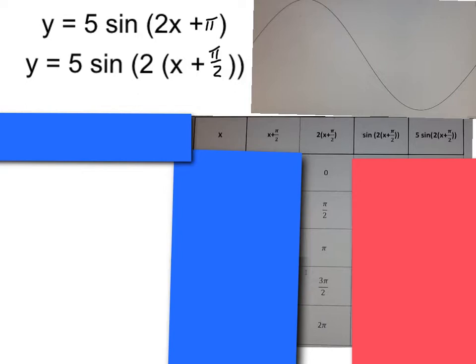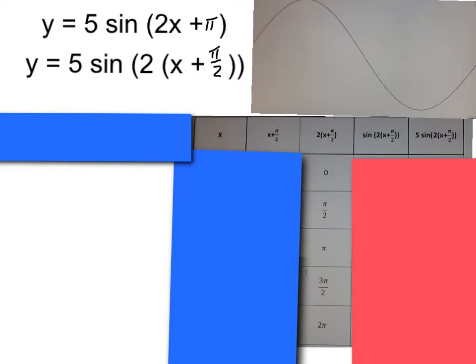So your typical sine graph goes from 0 to 2 pi, and there are only a few values in there that you probably know without a calculator. So we're going to use those: 0, pi over 2, pi, 3 pi over 2, and 2 pi. Those we know how to take the sine of. So that's why we start with these values.